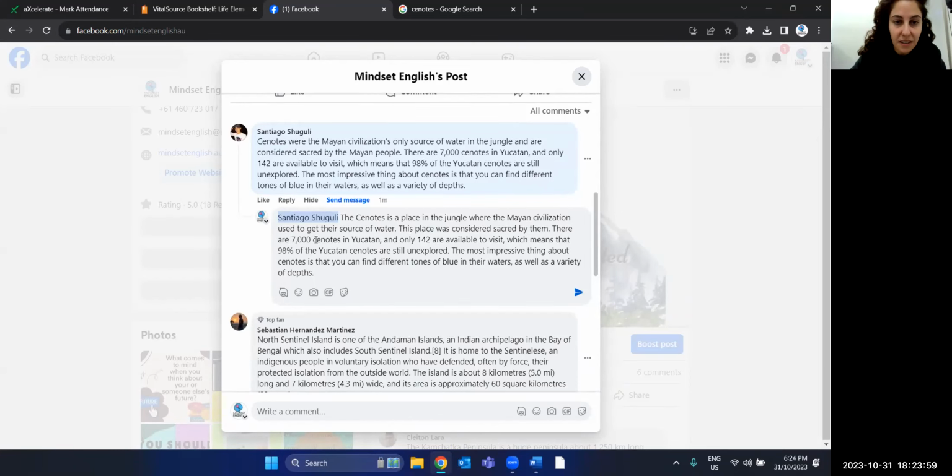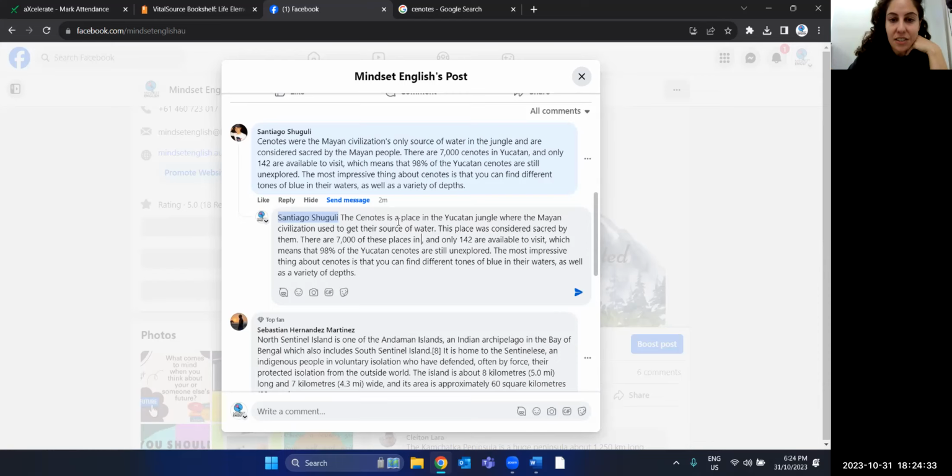There are 7,000 of these places in, is this in Mexico? Okay, so is a place in the Yucatan jungle. So again, do you see what I keep doing? I take as much detail of where the place is first in the beginning of my sentence, so it's easier for people to put an idea of location first and then detail.